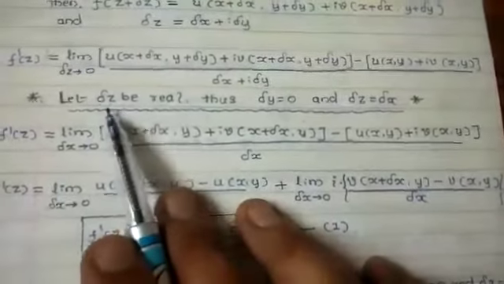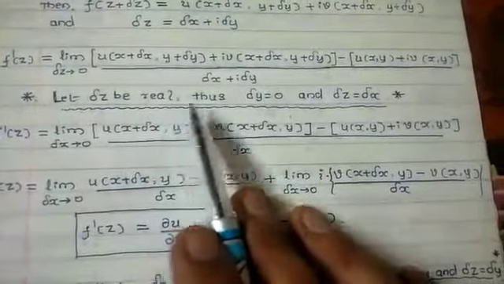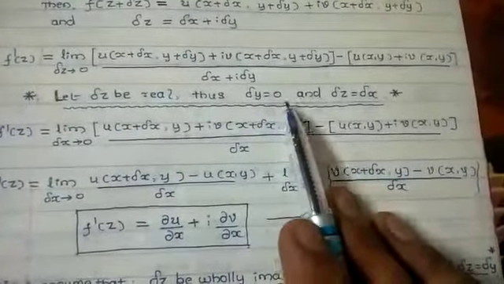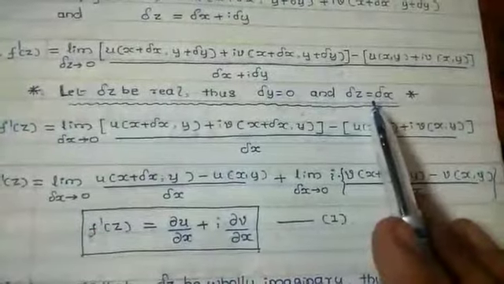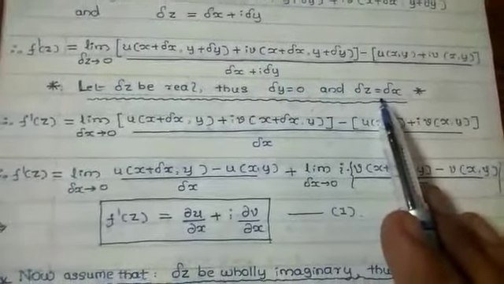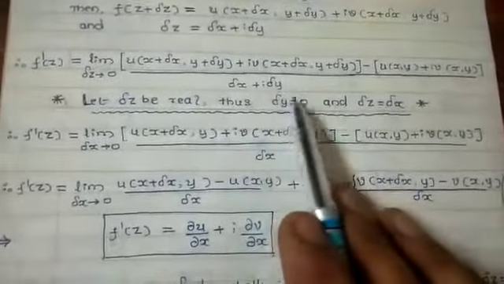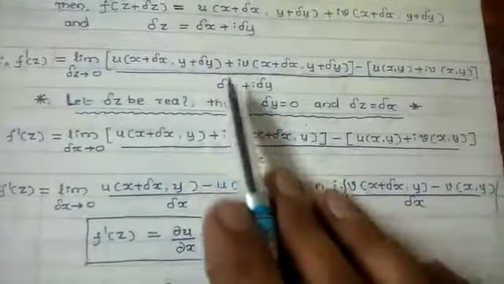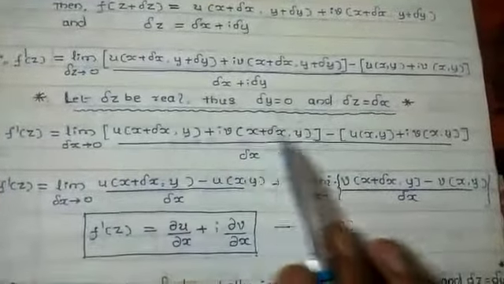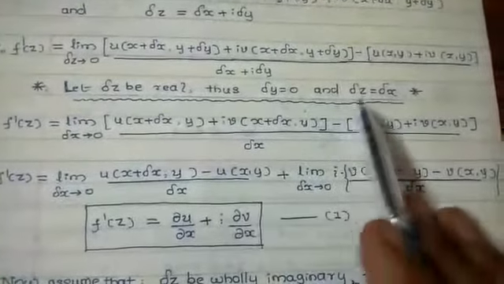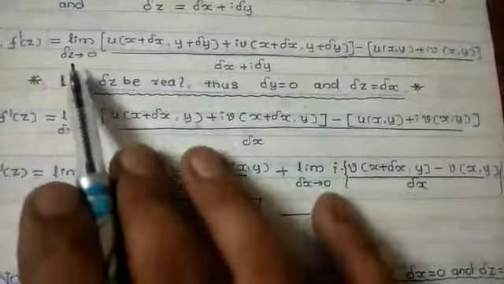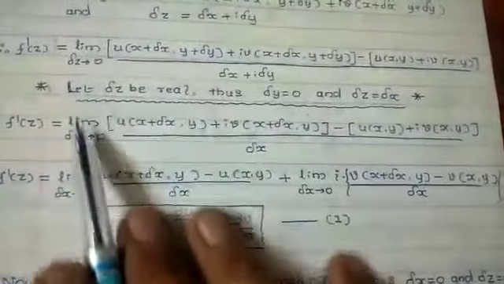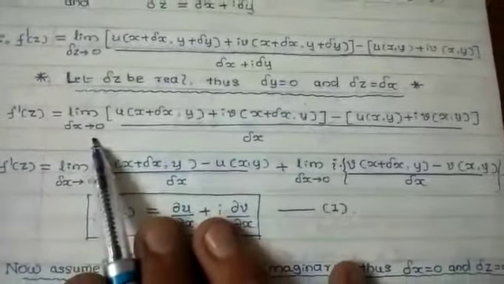So in the first case we consider delta y equals 0, which means delta z equals delta x, because we are considering the real part. Wherever delta y is there, we put 0, so delta z equals delta x tends to 0.